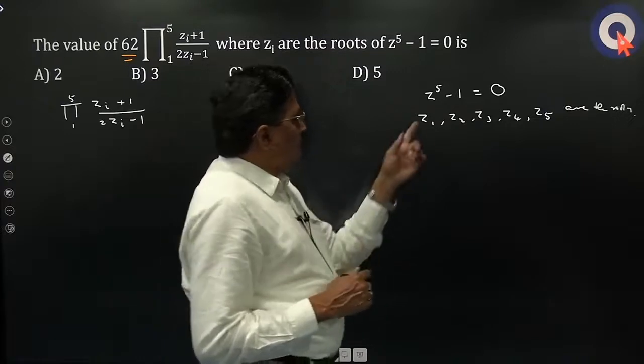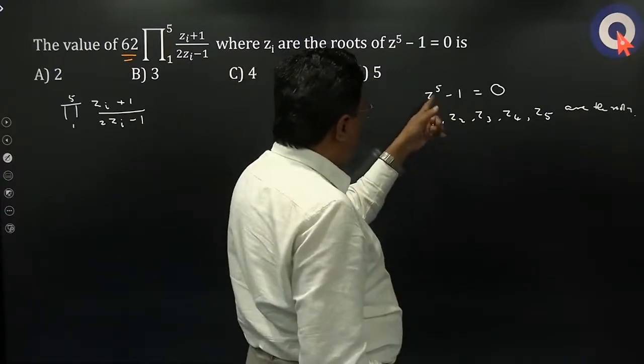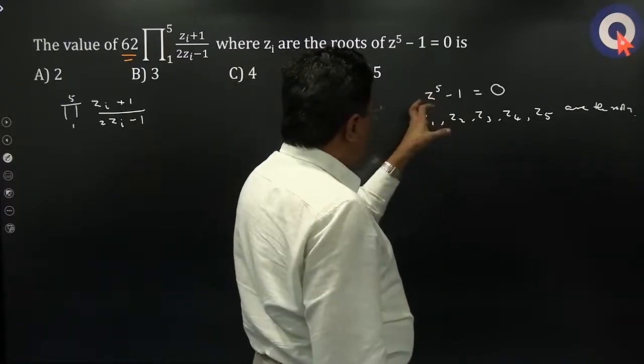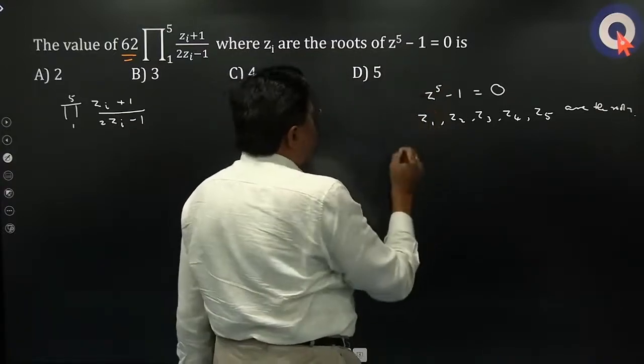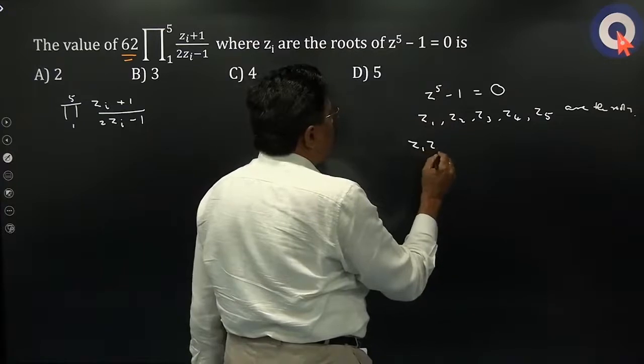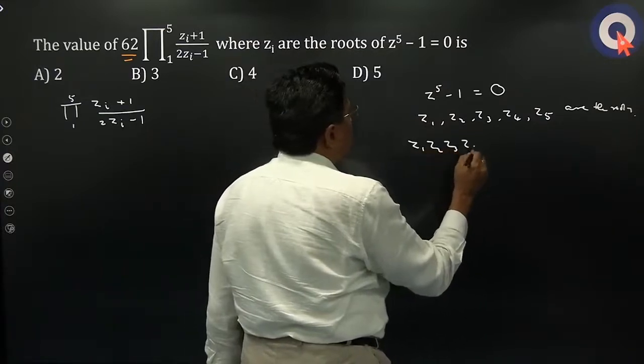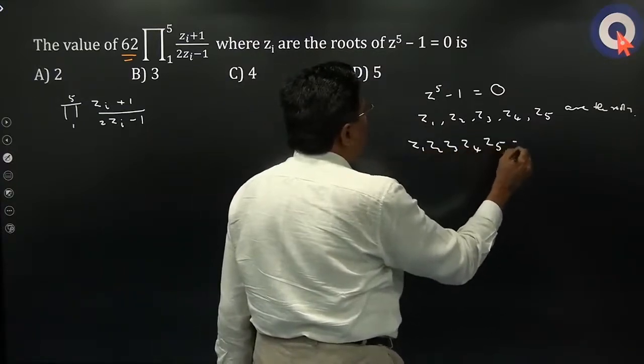So because z power 4, z cube, z square and z, those terms are missing, only the product of the roots z1, z2, z3, z4, z5 is available.